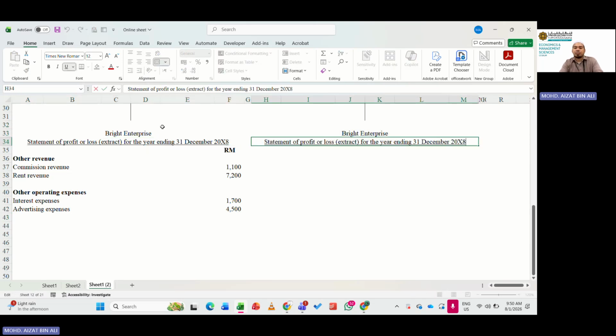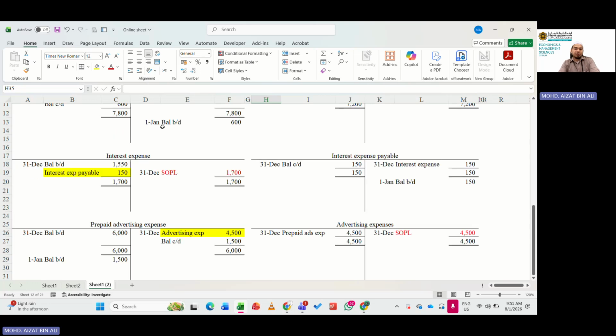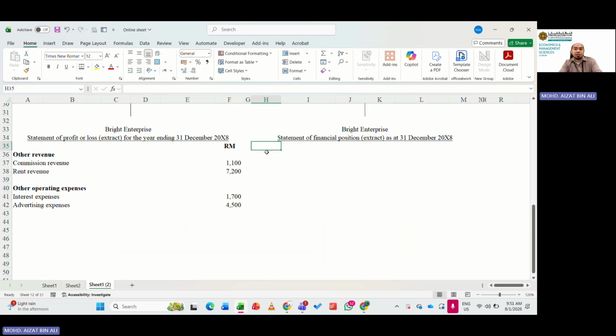Next, we're going to open a statement of financial position. Firstly, you look at the balance BD here. Balance BD on debit side means it is an asset.